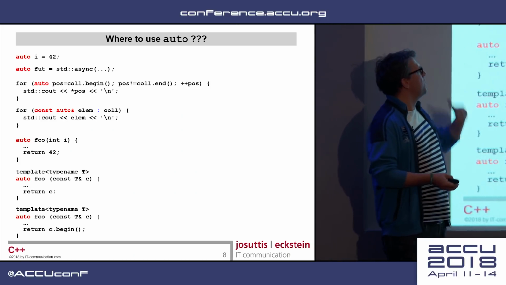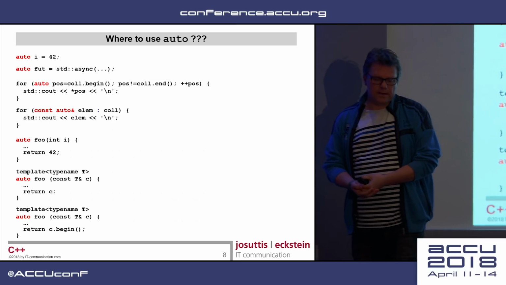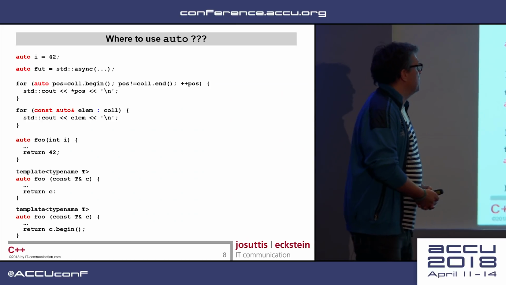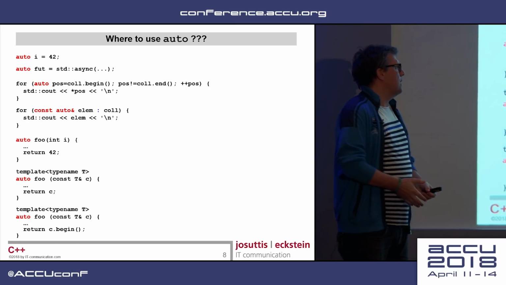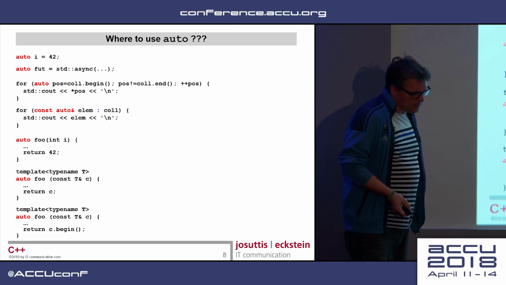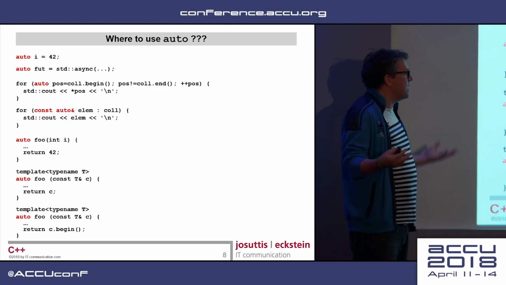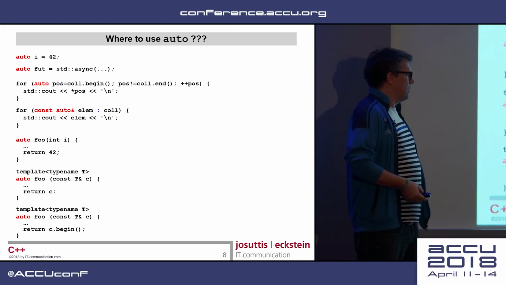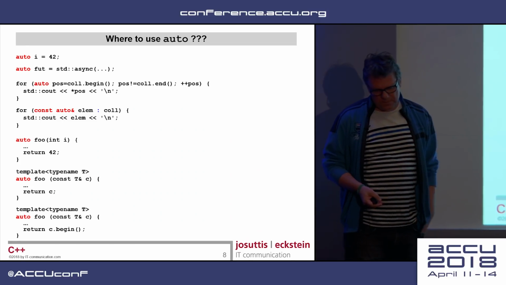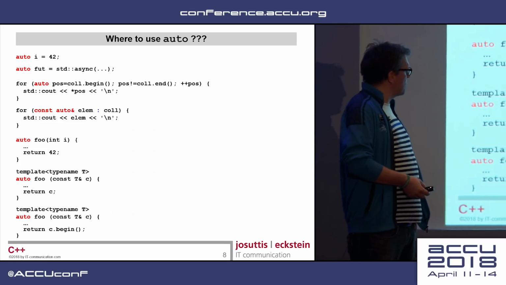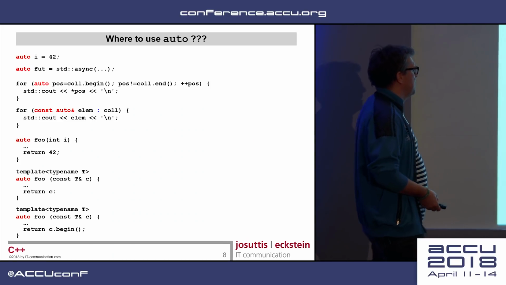We can even specify when the return type is clear, like here, a function clearly returning an int, then a template that is also returning type T, or we have something that depends on a call we do on a passed argument in the template.